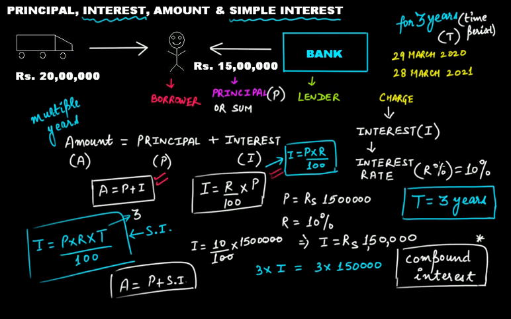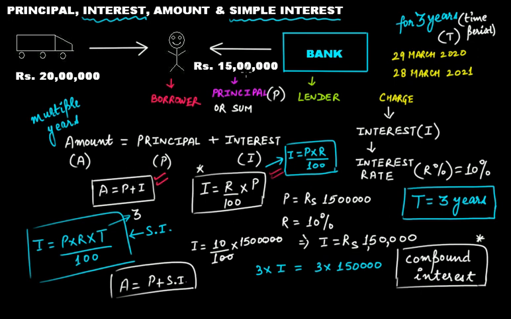Using this interest rate, that is R, you calculate the interest. So once you get the interest, you can calculate the amount, that is A, that you have to pay back to the bank. That will be P plus I.